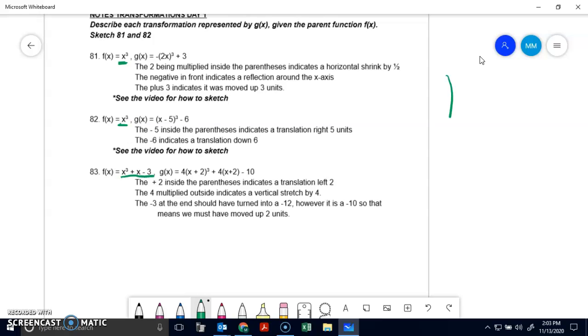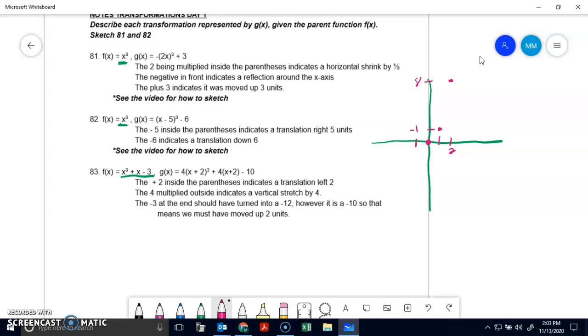So let's start with the parent function of x to the third, and I want you to think in terms of, when we talk about x to the third, what that would look like if I were to make a chart. 0, 0, just like the parabola. 1, 1, because 1 to the third power is still 1. 2 would give me 8, because 2 to the third is 8.